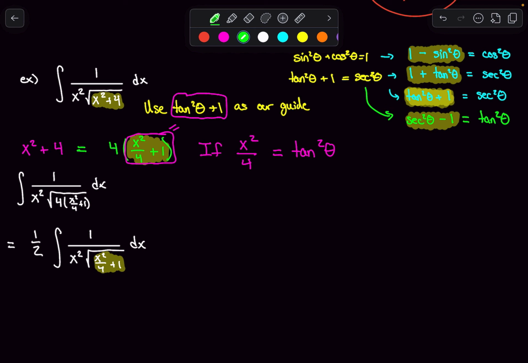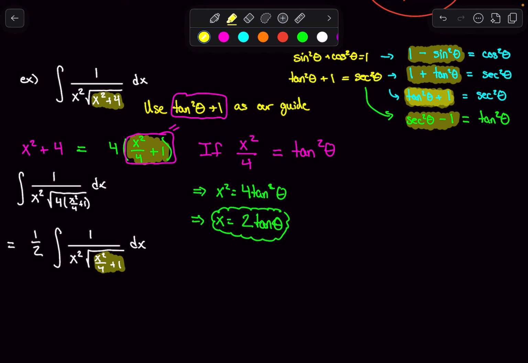I would be able to create this bridge from x-land to theta-land. So I have x squared over 4 equals tangent squared theta. And so then we're just going to do some backwards shenanigans. This makes x squared equal to 4 tangent squared theta, and this makes x equal to 2 tangent theta. And there it is. That's the substitution that we want to make.